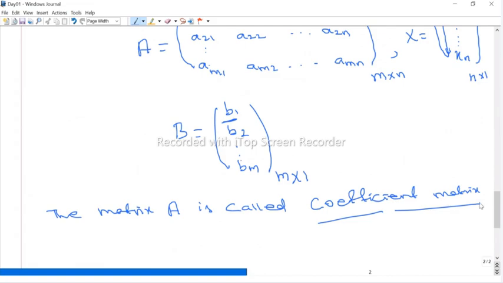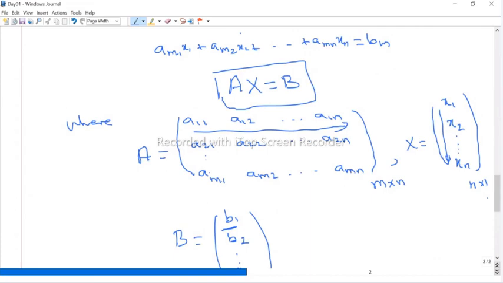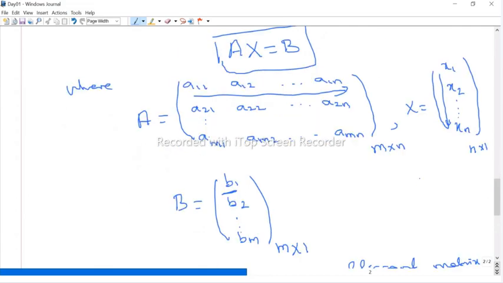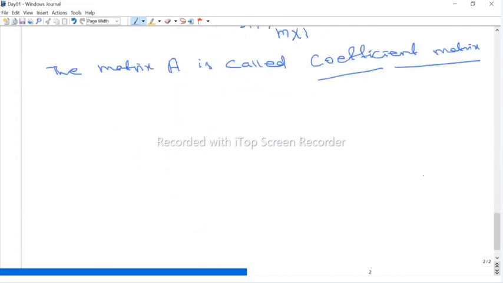Now, what do you mean by augmented matrix? You have to adjoin this B to A, and we get an augmented matrix. So the augmented matrix is nothing but you take the matrix A, and in the last column you merge or include the B vector.